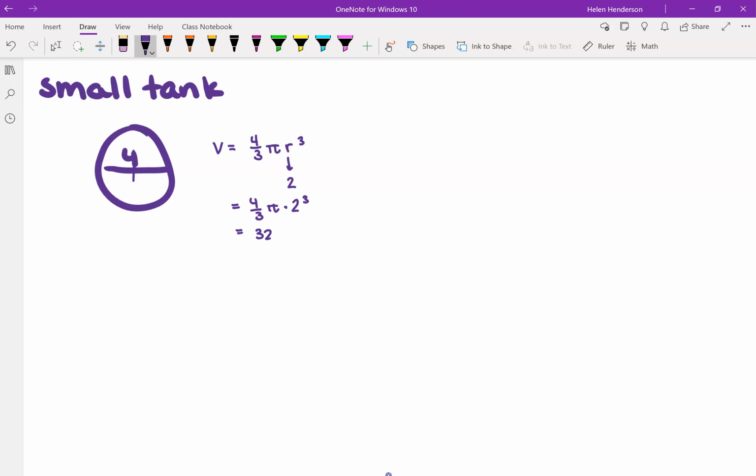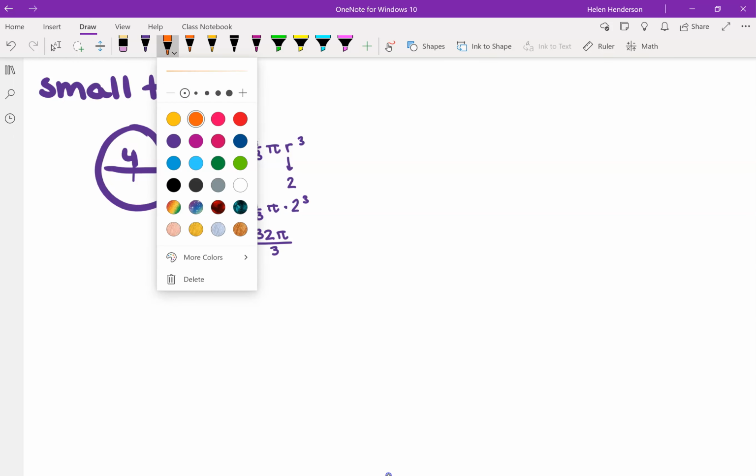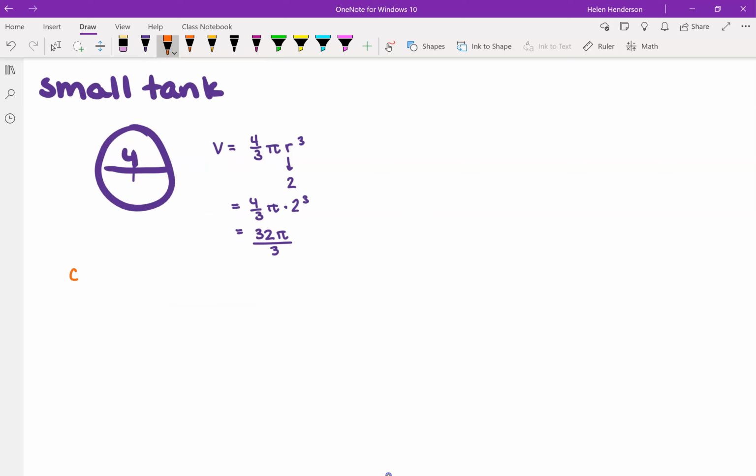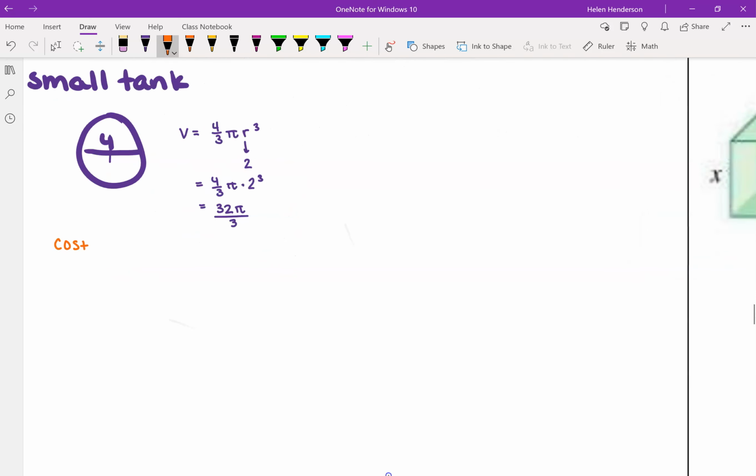So that makes 32 pi over 3. So that's the volume of the first tank. Now let's look at the cost of the first tank. So it cost, what was it, $850.